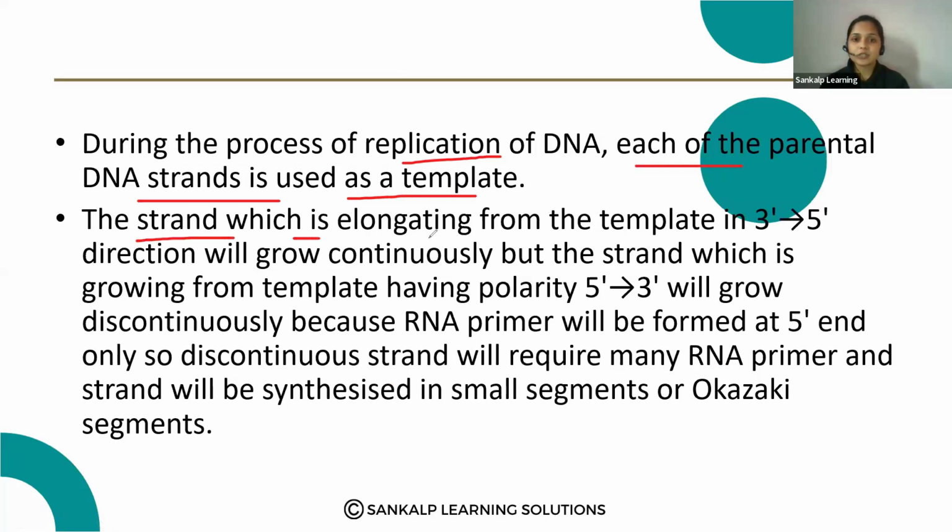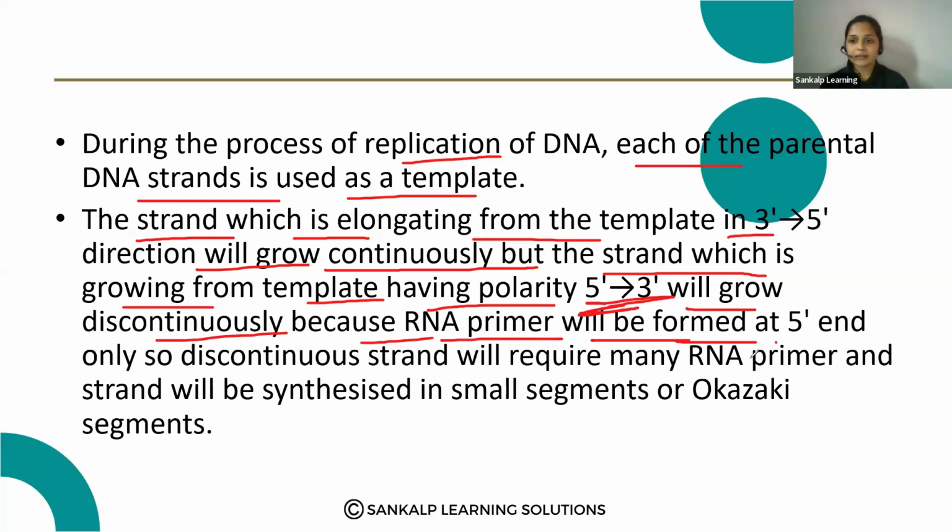The strand which is elongating in the 3 prime to 5 prime direction will grow continuously, but the strand growing from the template having the polarity 5 prime to 3 prime will grow discontinuously, because the RNA primer will be formed at the 5 prime end only.